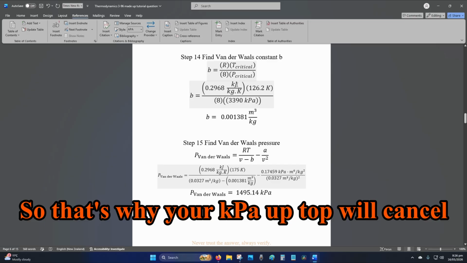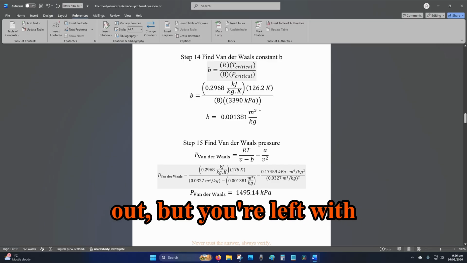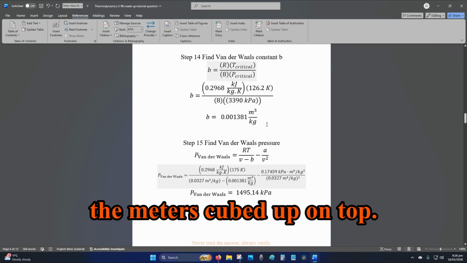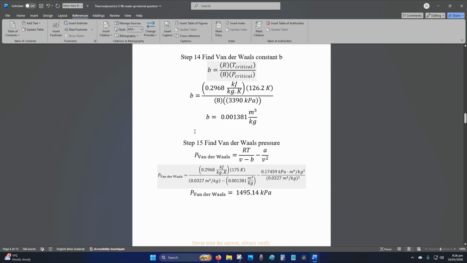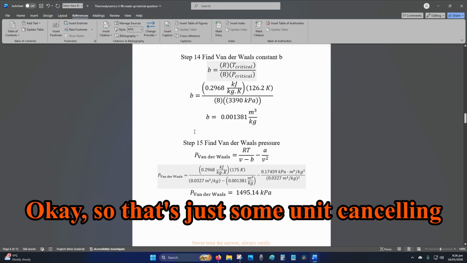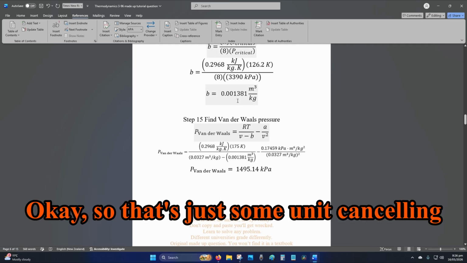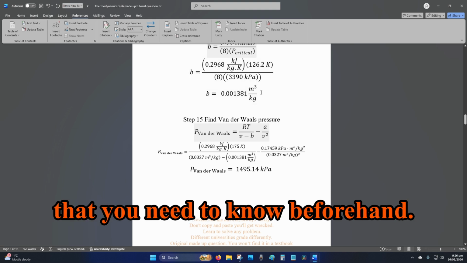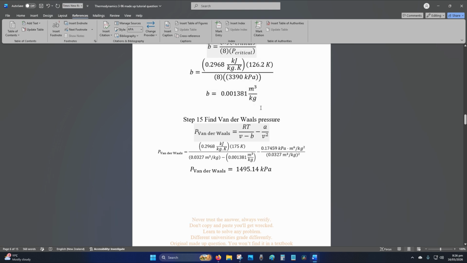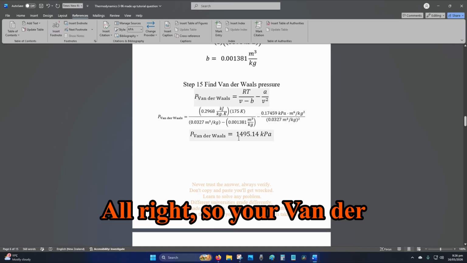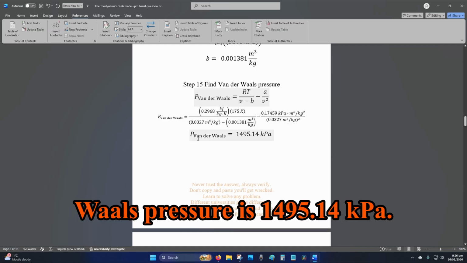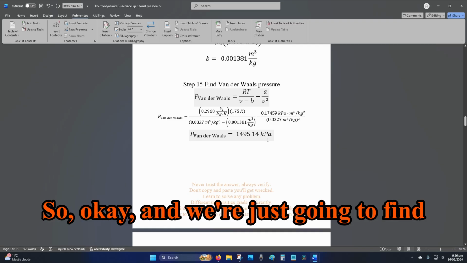So that's why your kPa up top will cancel out, but you're left with the meters cubed up on top. Okay, so that's just some unit cancelling that you need to know beforehand. Alright, so your van der Waals pressure is 1,495.14 kPa.